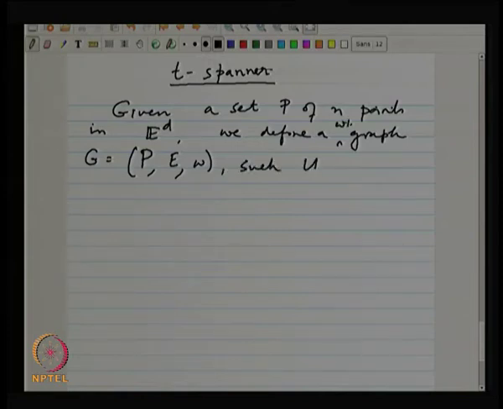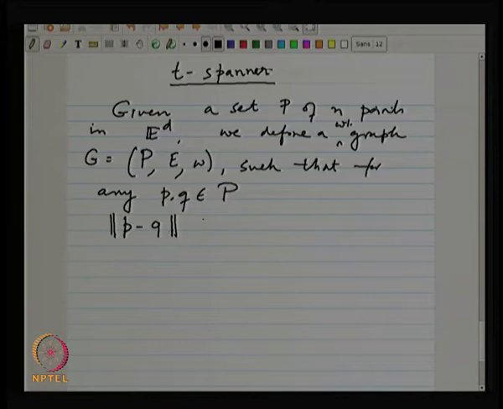Such that for any p, q in the set P, the Euclidean distance between p and q can be approximated by this graph.